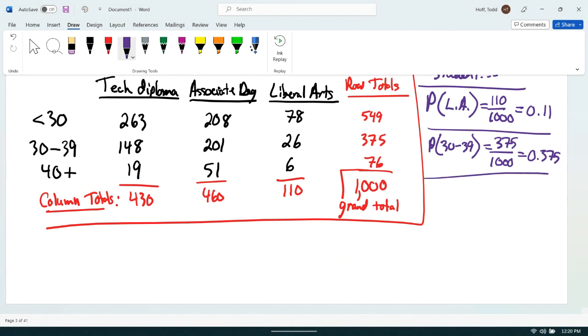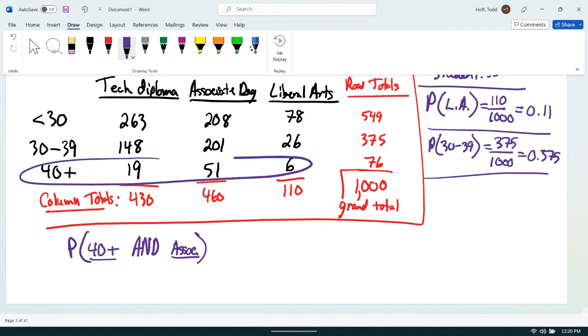So let's look at combined probabilities. Let's look at the probability that a student is 40 plus and an associate degree. Let's do associate for associate degree. So it has to meet both of those qualifications. So here are the students that are 40 plus.